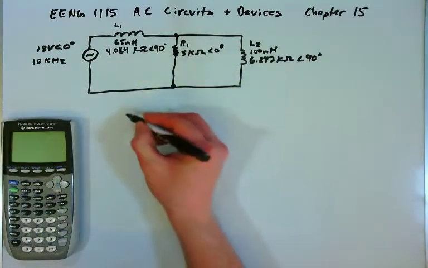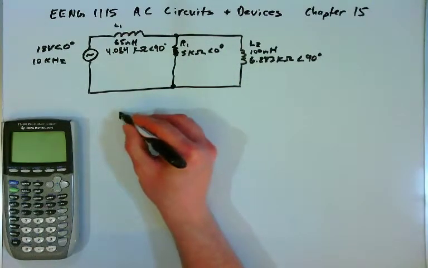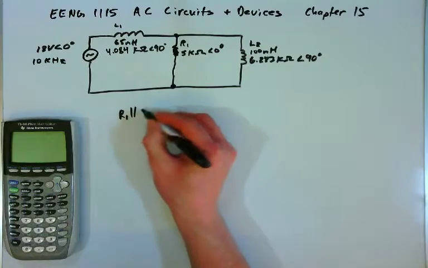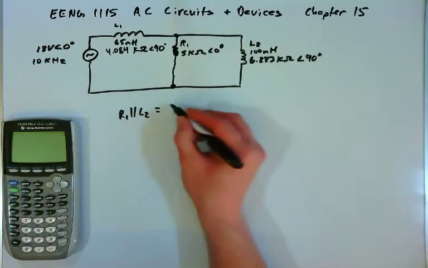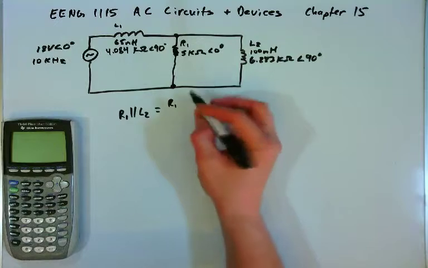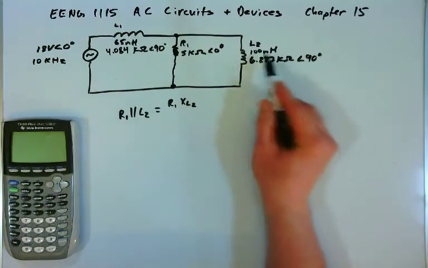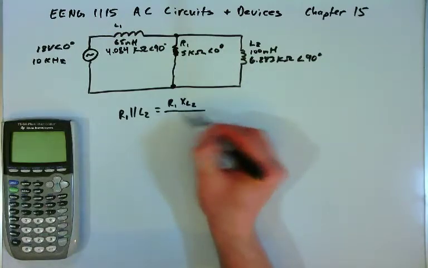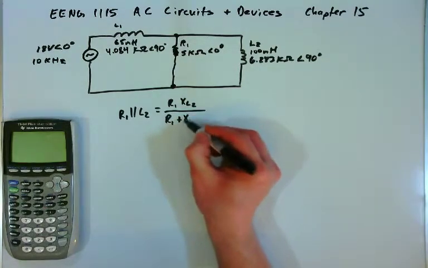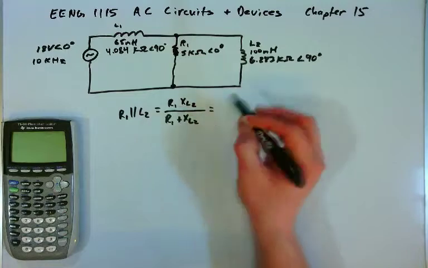They're in parallel. And so R1 is in parallel with L2, and I will use the product over sum. So R1 times X sub L2, right, this is L2, divided by the sum of R1 plus X sub L2.